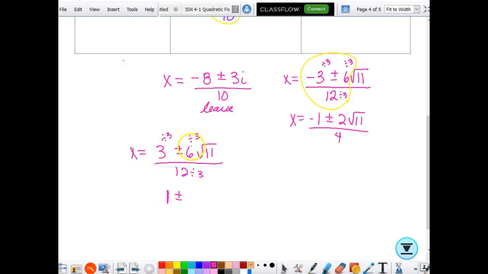It's over here that if it's a 1 in front of the square root of 11, I don't have to write it. Just like you don't have to always write a 1 in front of an x. But you do have to write the 1 if it's the first term. Okay, I wanted to point that out to you. So that's doing quadratic formula with imaginary numbers with that negative underneath the square root sign.